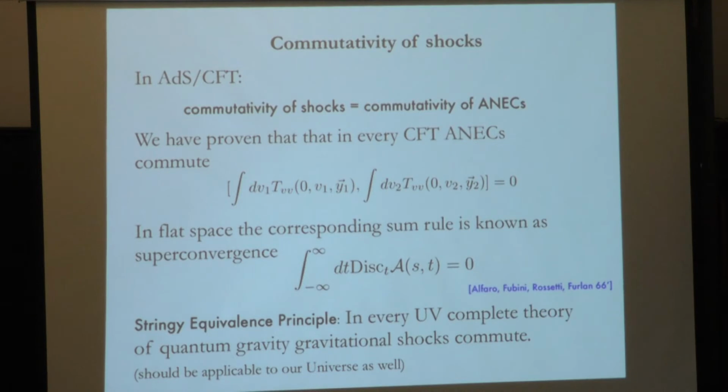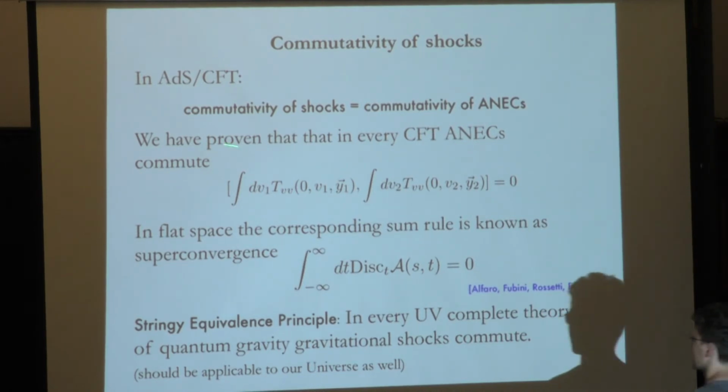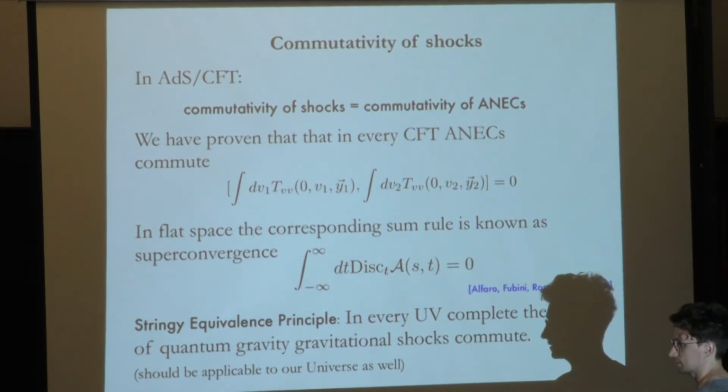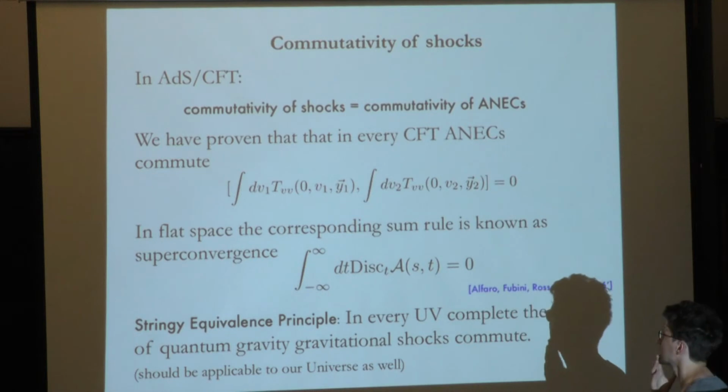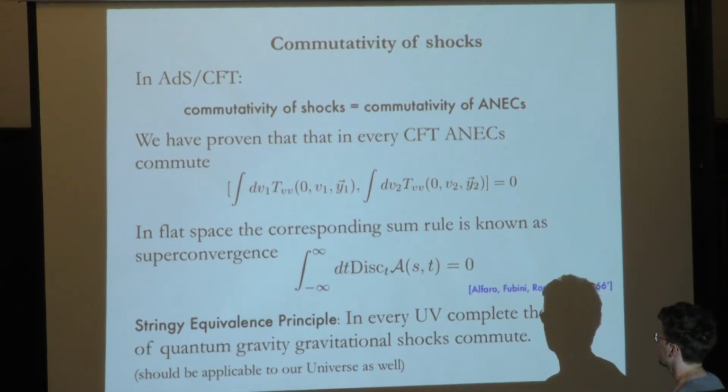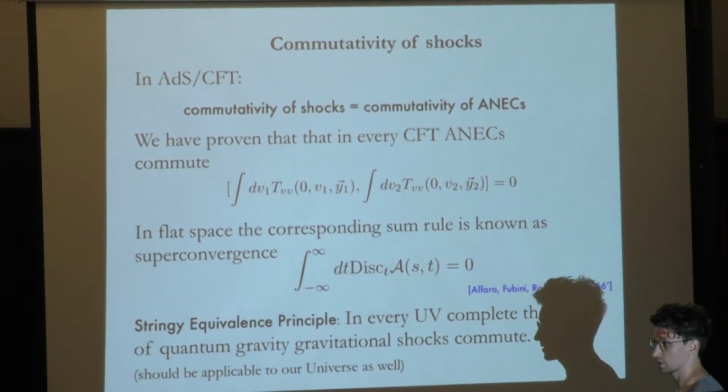So, if you modify it, then shocks do not commute anymore, but in AdS/CFT, this commutativity of ANEC operators is translated directly to commutativity of shocks. Therefore, if we prove non-perturbatively that these ANEC operators commute, it should be a principle, at least in any quantum gravity in AdS, that the shocks should commute.